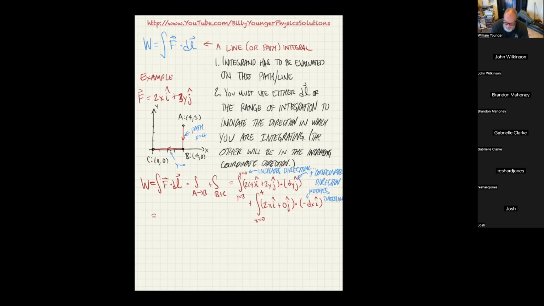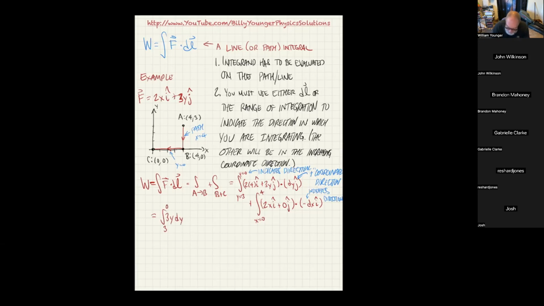Now, what we end up having here is when I do the dot product of 8 i hat plus 3y j hat dotted with dy j hat, I just get the integral of 3y dy from 3 to 0.